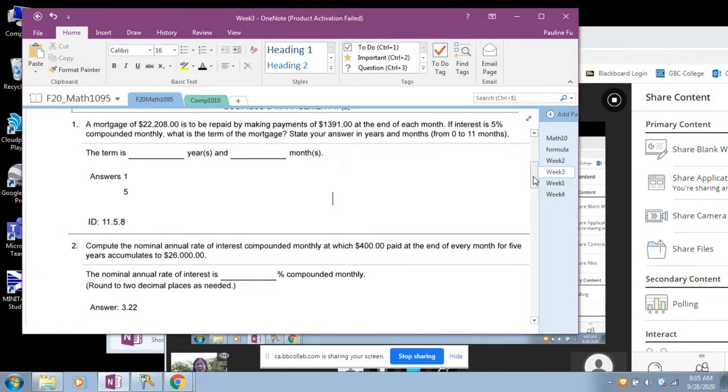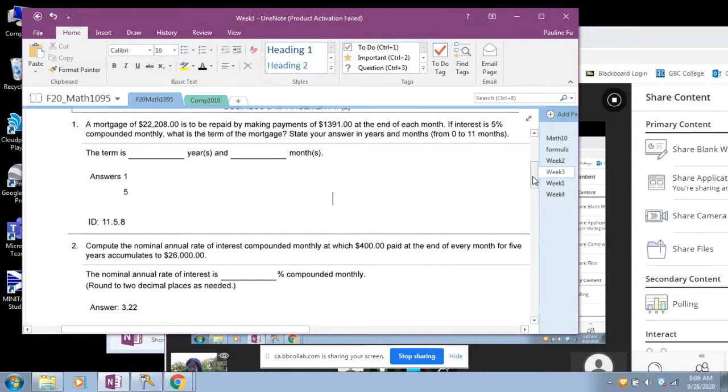Hello and welcome. This is a lecture about calculating annuities. Remember in previous lectures, we did annuity calculation for present value, future value, and monthly payment. So today, we will calculate the term N and the interest IY.